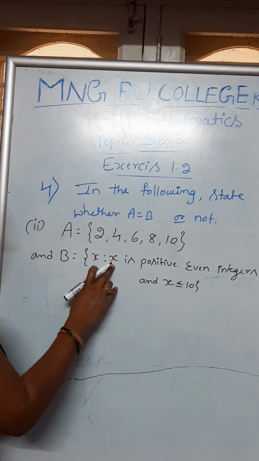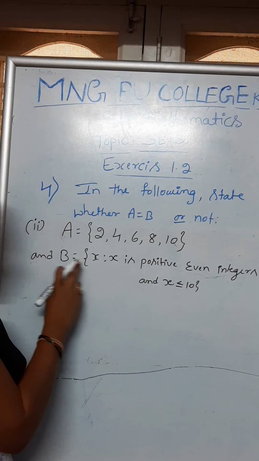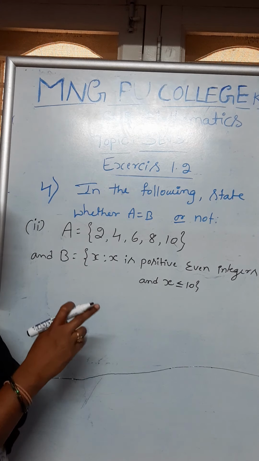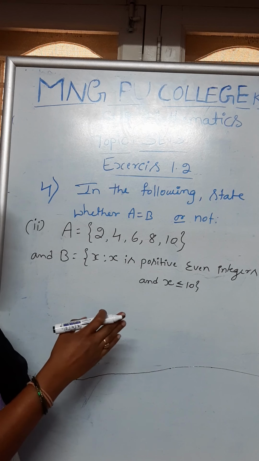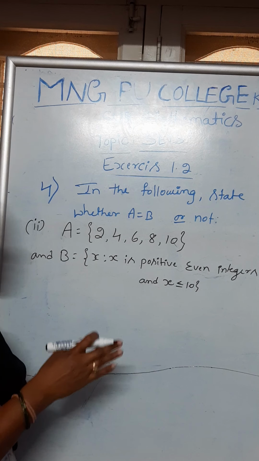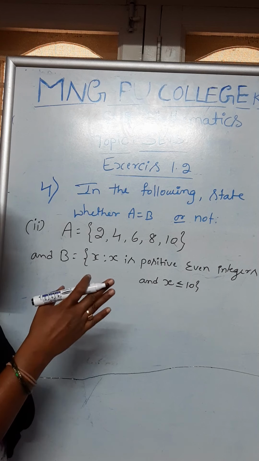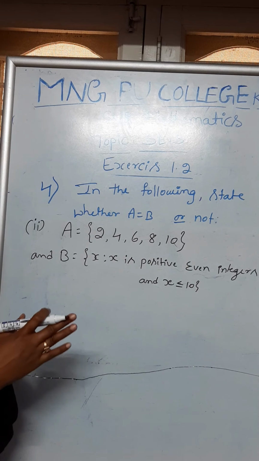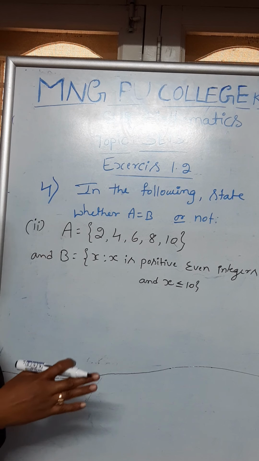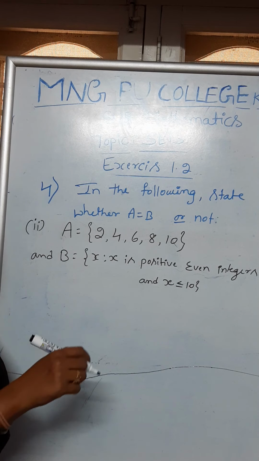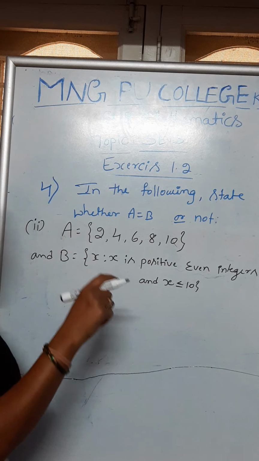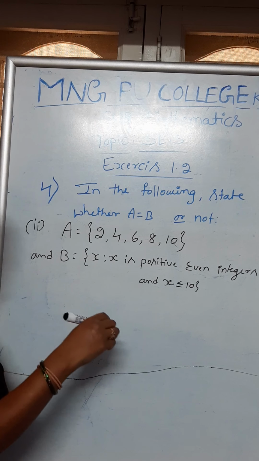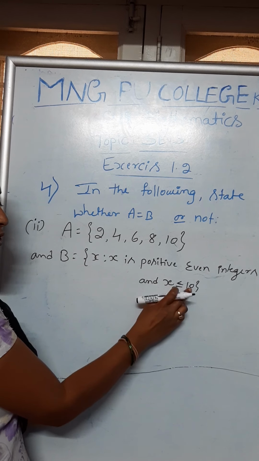So here, what x values should we take in the set B? Positive even integers. Means integers, the positive numbers, that we should take, but that too even integers, even numbers. So we should consider positive even numbers and that value should be less than or equal to 10.